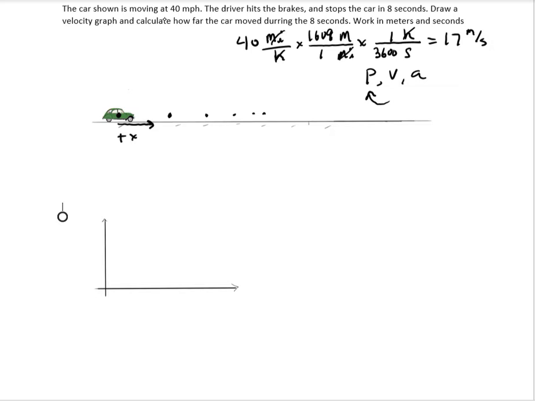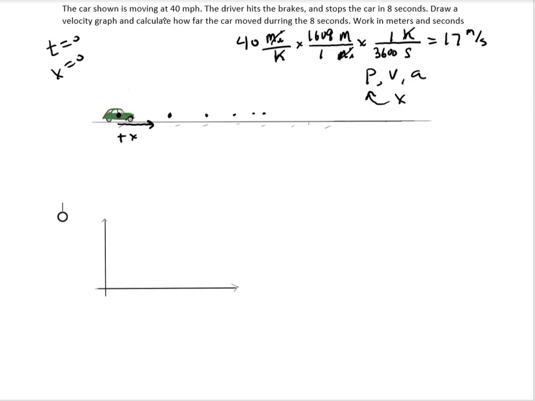You can put a y-axis on if you want, but it's a one-dimensional problem. Position is what I'm calling x. Also notice I put the coordinate system origin so that at t equals 0, when we start this problem, the x coordinate is 0. You don't have to do that, but there's really no reason to work it any other way right now.